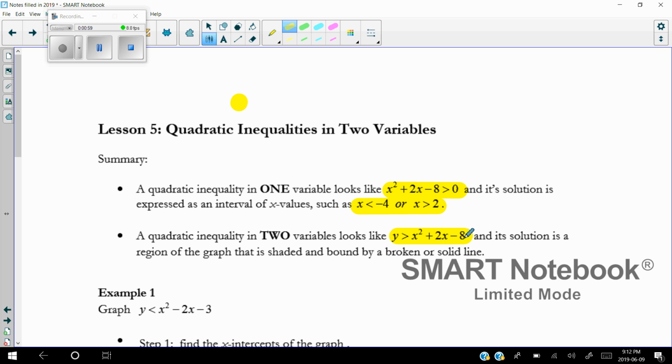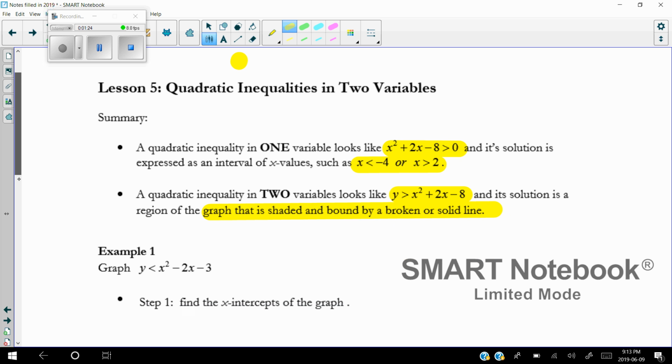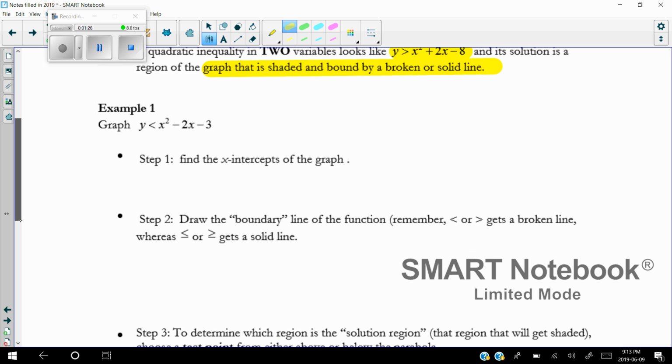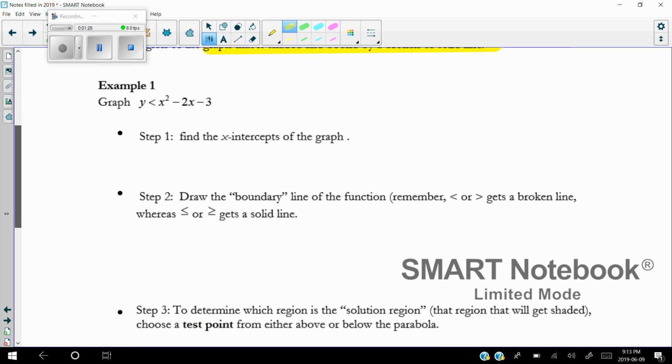Notice the subtle difference: instead of a 0, it is a y, which means the solution will be a shaded region of a graph. And as before, we represent an inequality with either a broken or solid line.